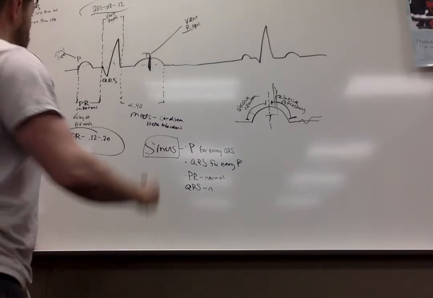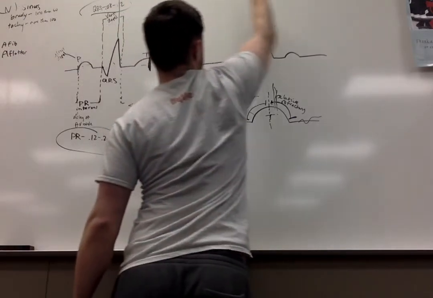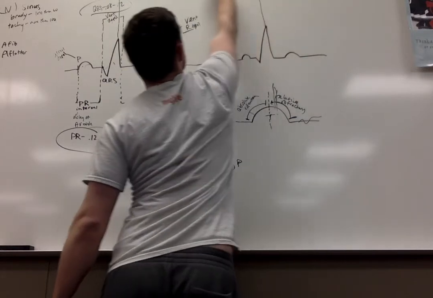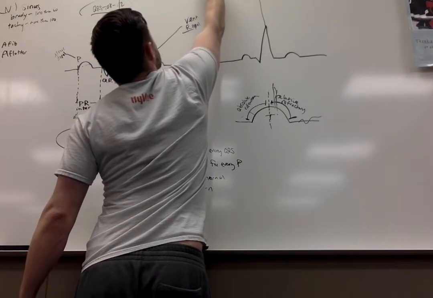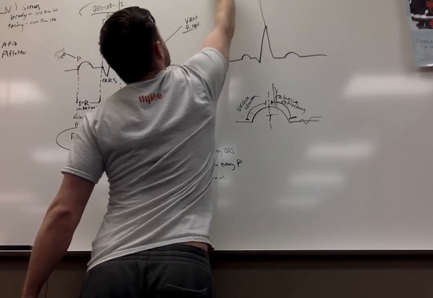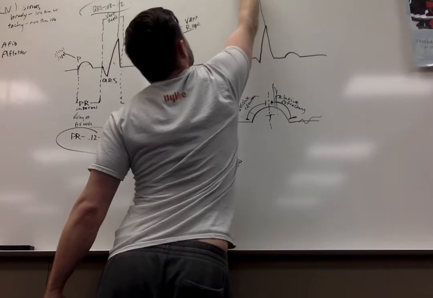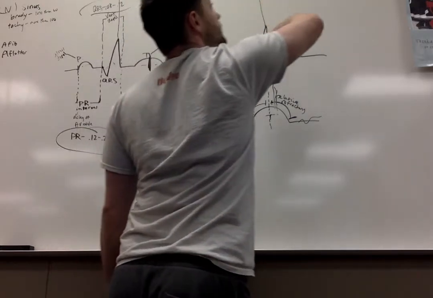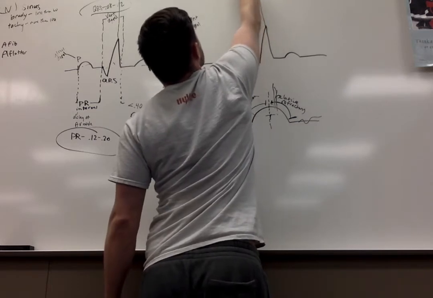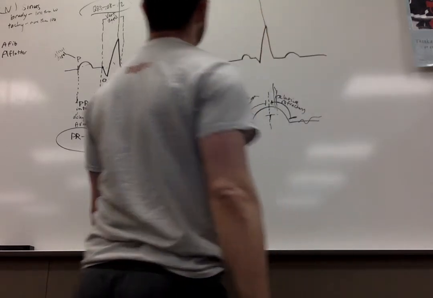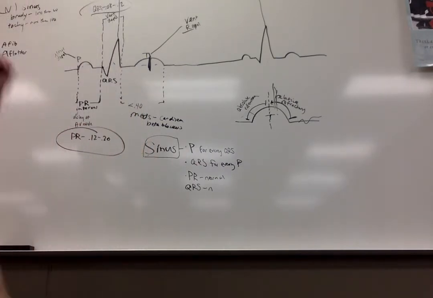Oh, I forgot one: R to R. This is going to determine rate, how fast your heart's going. R to R determines heart rate. Not necessarily heartbeats, because we're not talking about contractility, we're talking about electrical activity, heart rate. Okay?